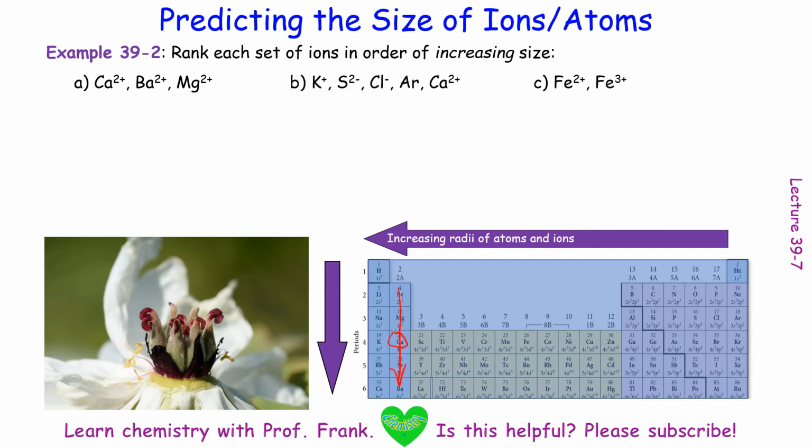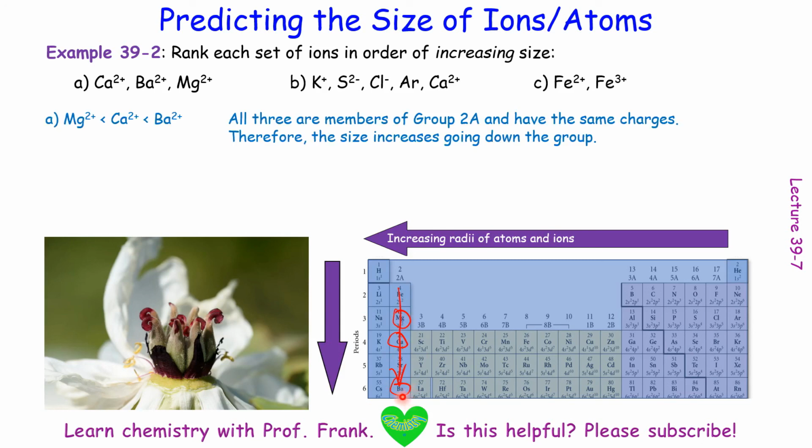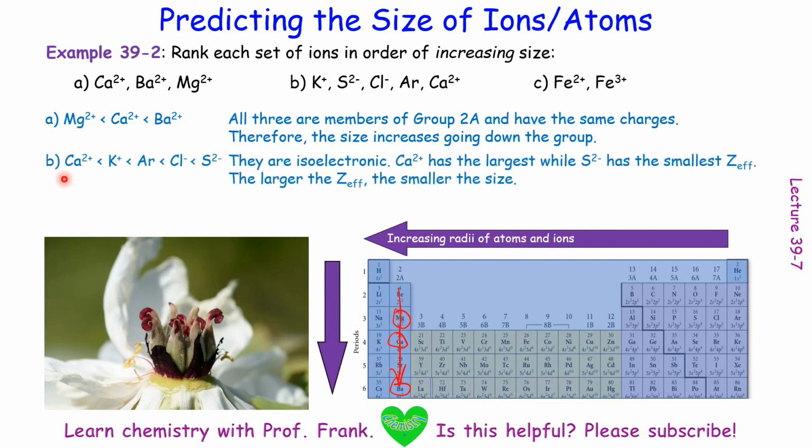Calcium is here, barium is here, magnesium is here. So therefore, which one is the largest? Barium 2+. Which one is the smallest among those three? Magnesium 2+.